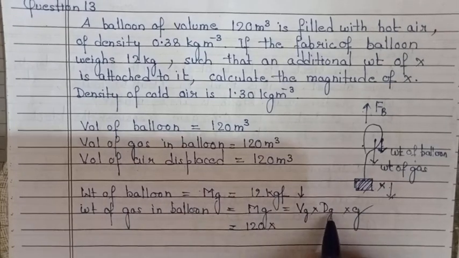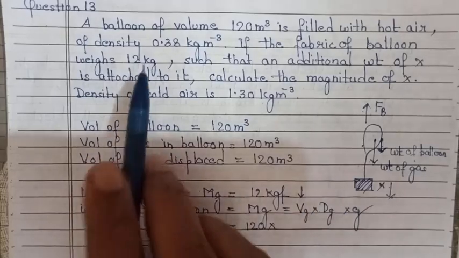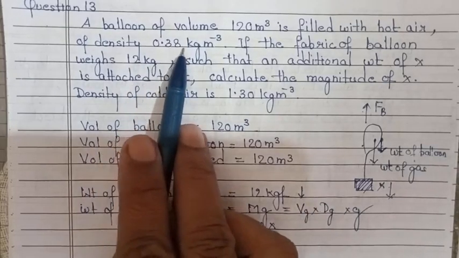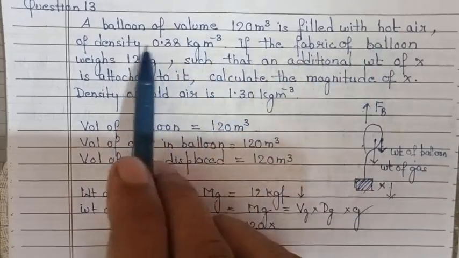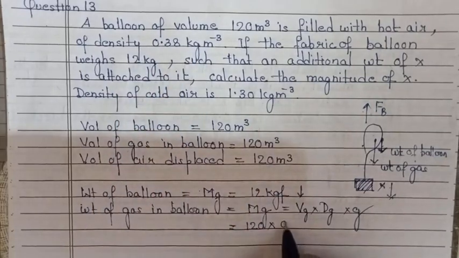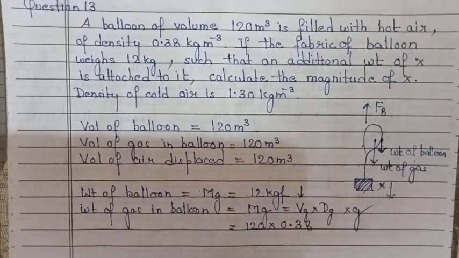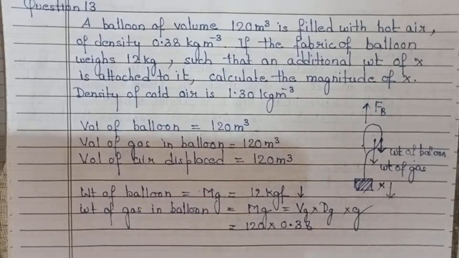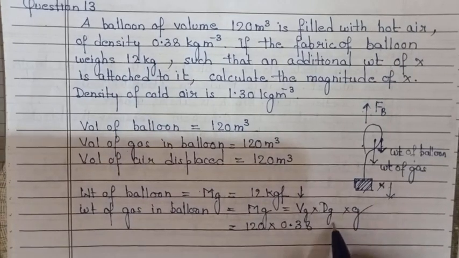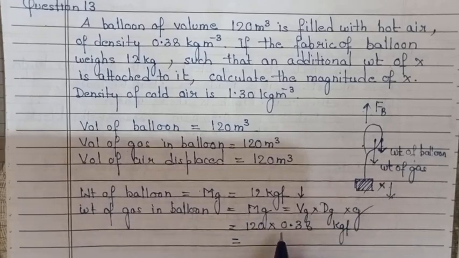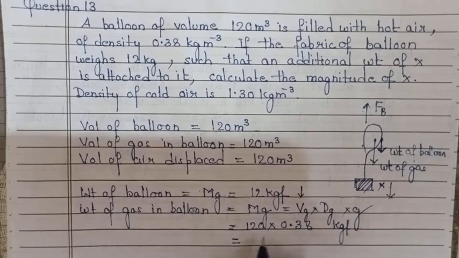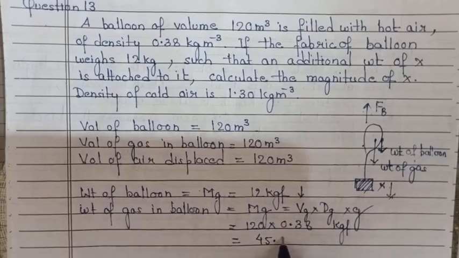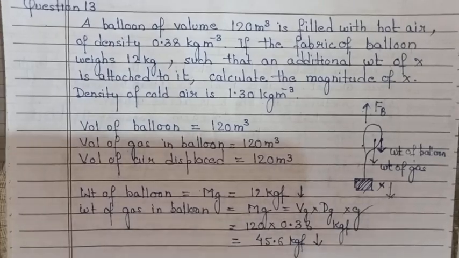Density of the gas which is filled in balloon, so they say it is 0.38. See, it is filled with hot air of density 0.38. Now we are not taking the value of gravity, so our answer will be in gravitational units, so it will come out in kgf. So 120 into 0.38 will give us 45.6 kgf. Again, this force is in the downward direction.